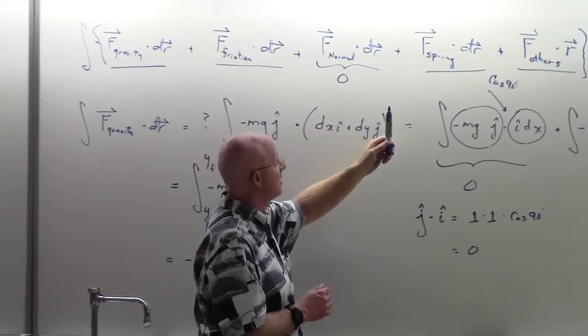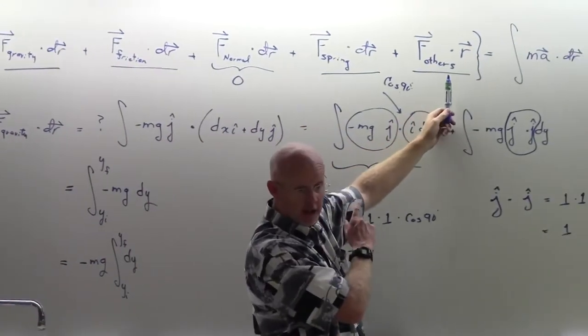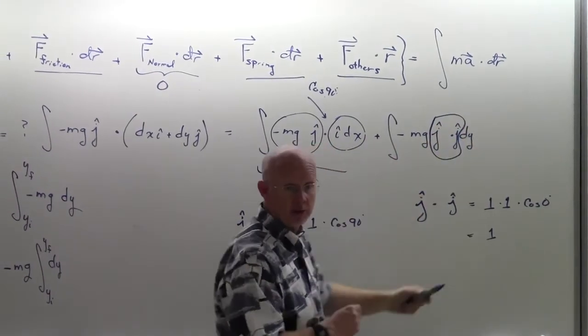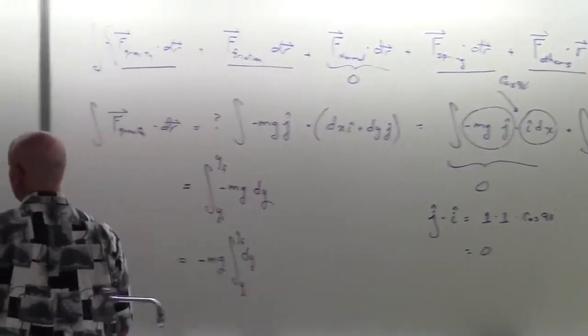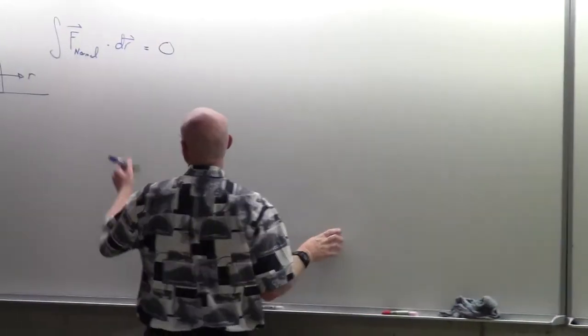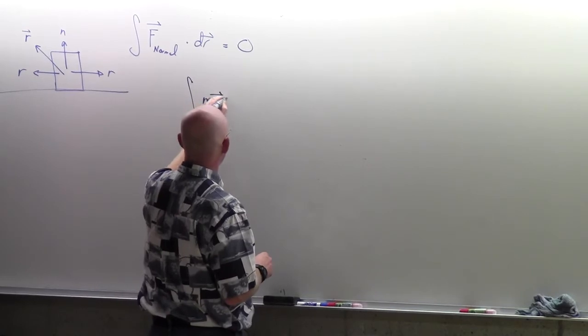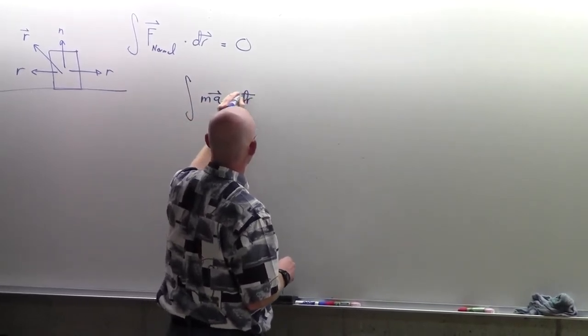I showed that one is 0. I've done that one, and that one I'm just going to leave alone. So let's do the other side of the equation. What's this one? What is the integral of ma dot dr?